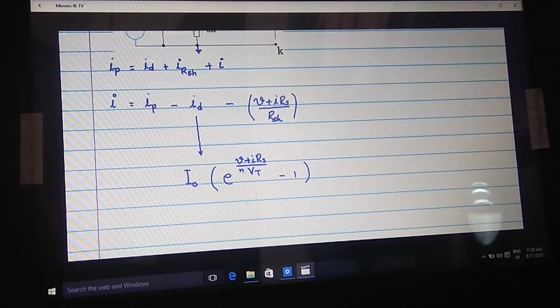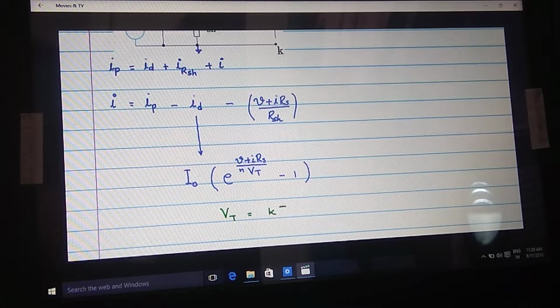Vt is the volt equivalent of temperature, given by Boltzmann constant into the temperature divided by Q. Q is the electronic charge in coulombs, K is the Boltzmann constant, T is the temperature in degree Kelvin, and if you substitute the Boltzmann constant and the electronic charge, you will get this to be T by 11,600.